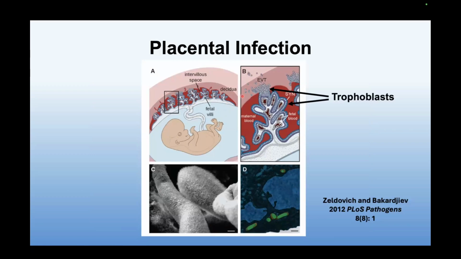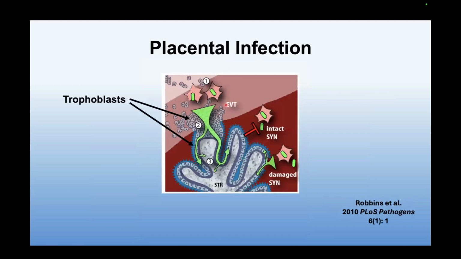So here's what we're going to talk about here. The Listeria infects the extravillous trophoblast. So that's these cells here in the fetal villi. And so let's look at that a little bit closer here. Listeria is an intracellular pathogen, so it comes with the maternal blood inside cells, and those spread from cell to cell. So it can infect the extravillous trophoblast, and then it gains access to the villi.